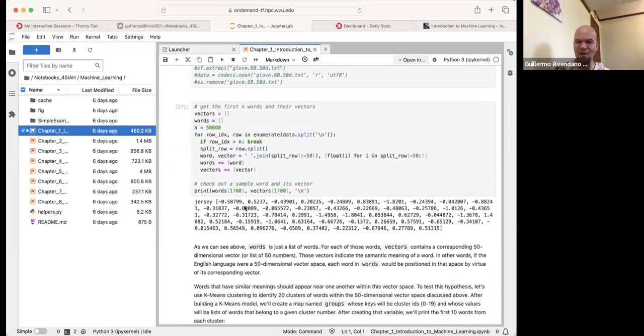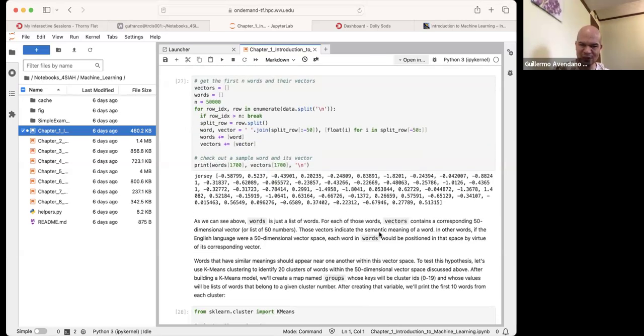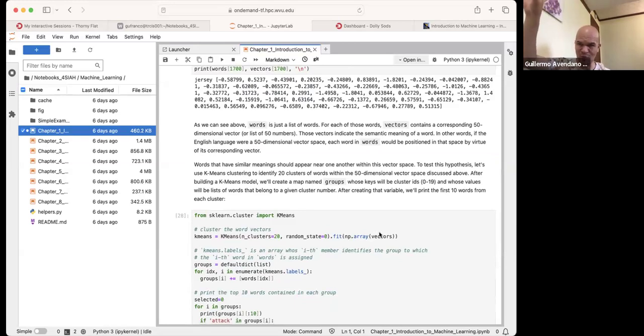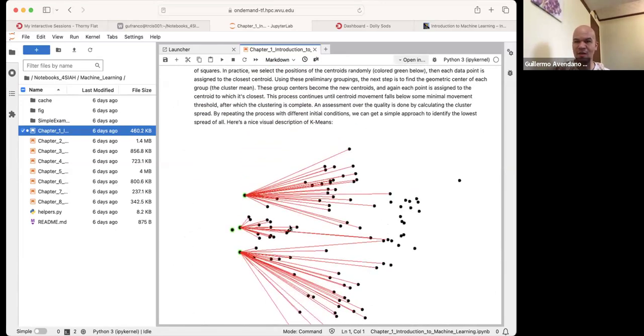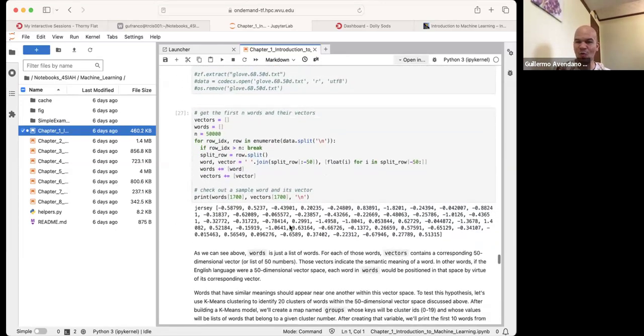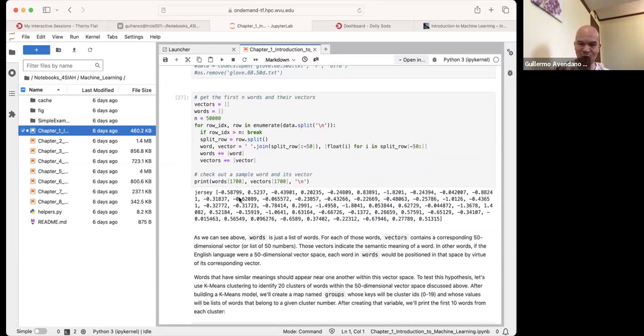So they have many words, and what they are doing is computing distance between words. For example, for a certain word here, those are the locations, those are the distances, and the system is using k-means, exactly what we did before. Instead of 2 dimensions, they are working in 50 dimensions, because what we have here for each word is a vector with 50 numbers.